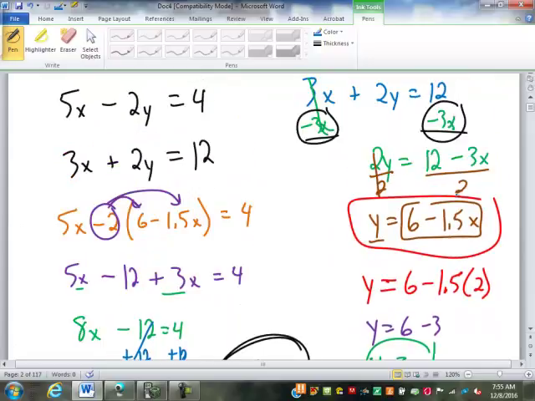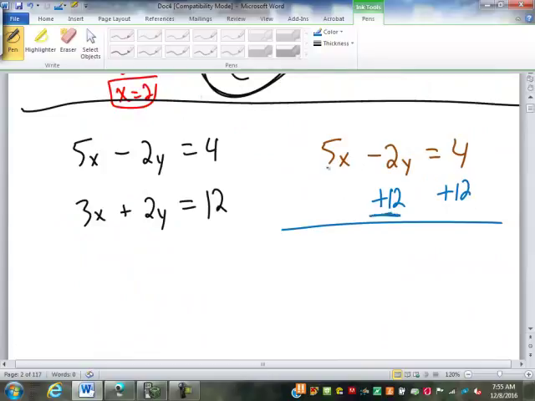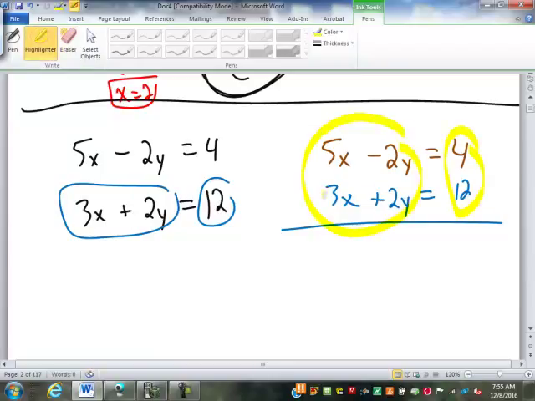Up here, because y equaled 6 minus 1.5x, I was able to put that in here and replace that y. I'm going to do the same thing here. Instead of adding 12 on this side, I'm going to replace it with, because 12 equals 3x plus 2y. Does that make sense? So what I'm doing is I'm adding 12 to both sides. But on this side, I replaced the 12 with 3x plus 2y.